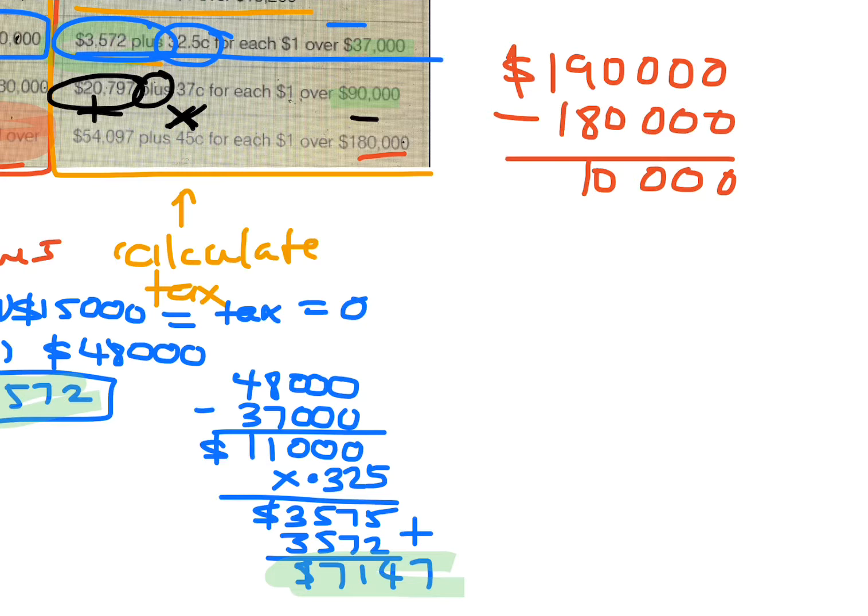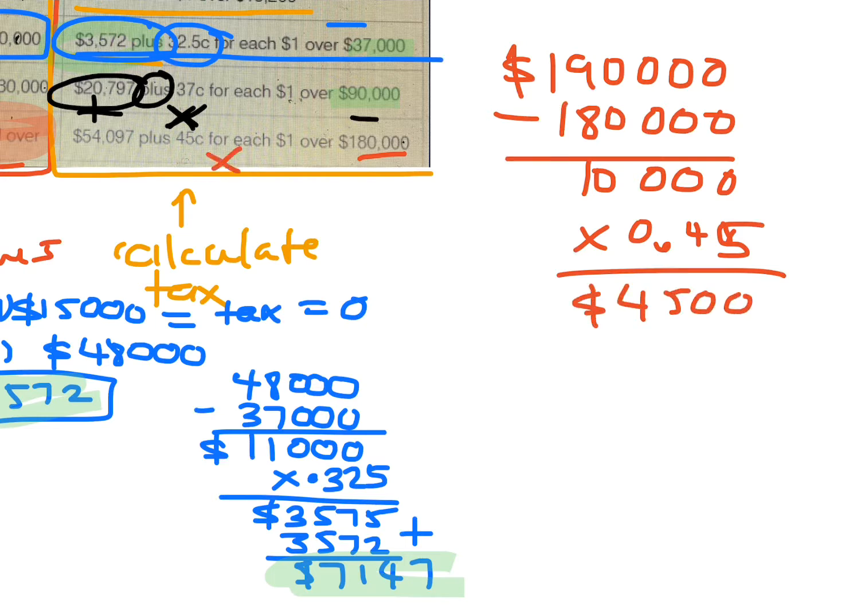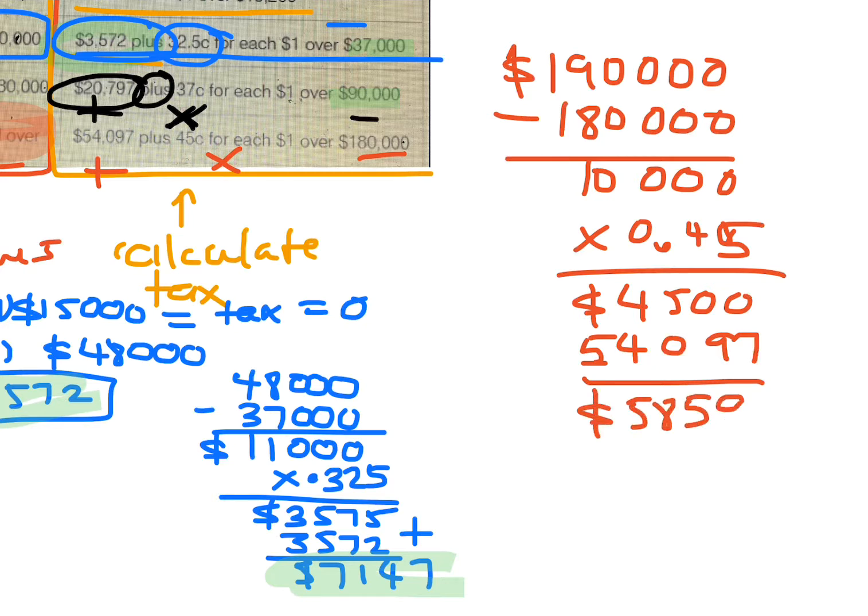You then have to times 0.45. So you go 10,000 times 0.45 equals 4,500. So times that amount, and then you've got to add on 54,097. So plus 54,097, and you'll end up paying $58,597 in tax.